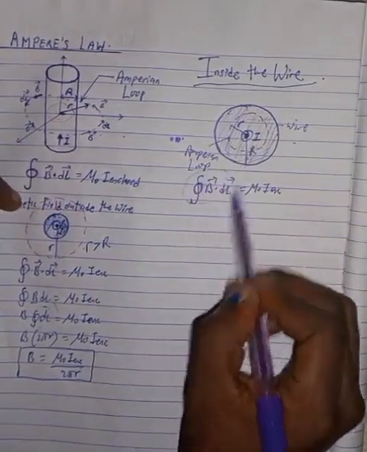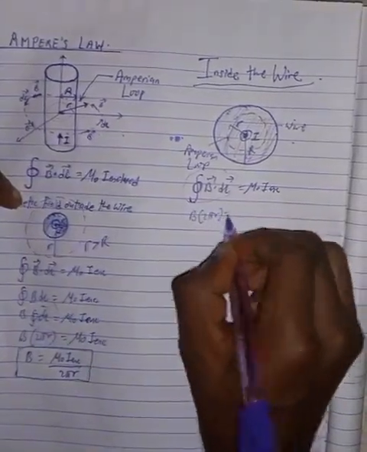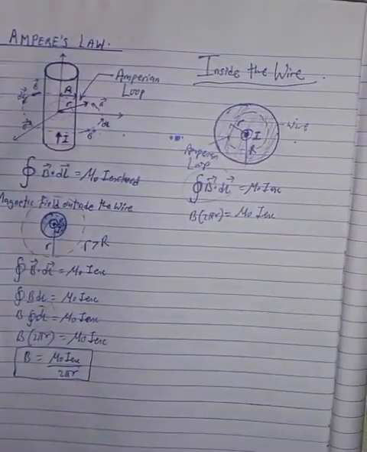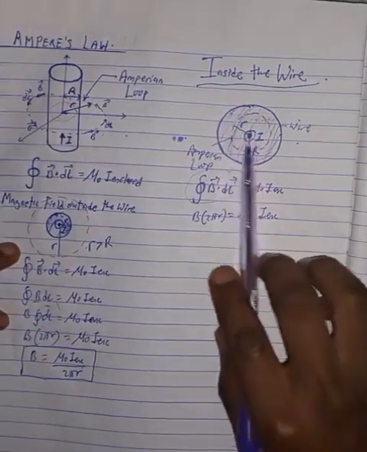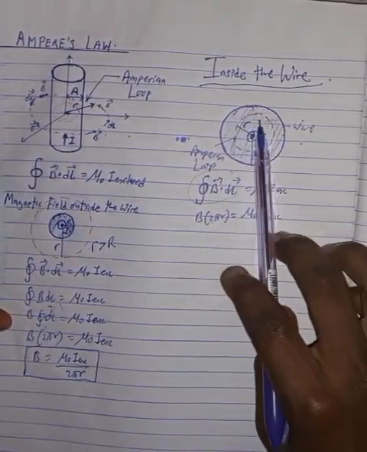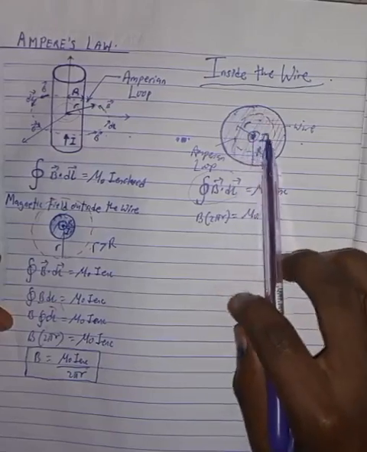Now from here, after evaluating this integral, I go with B times 2 pi r equals mu naught times I enclosed. Again, the Amperian loop inside this wire did not enclose all the current. So how do we know the amount of current that is being enclosed by this Amperian loop?